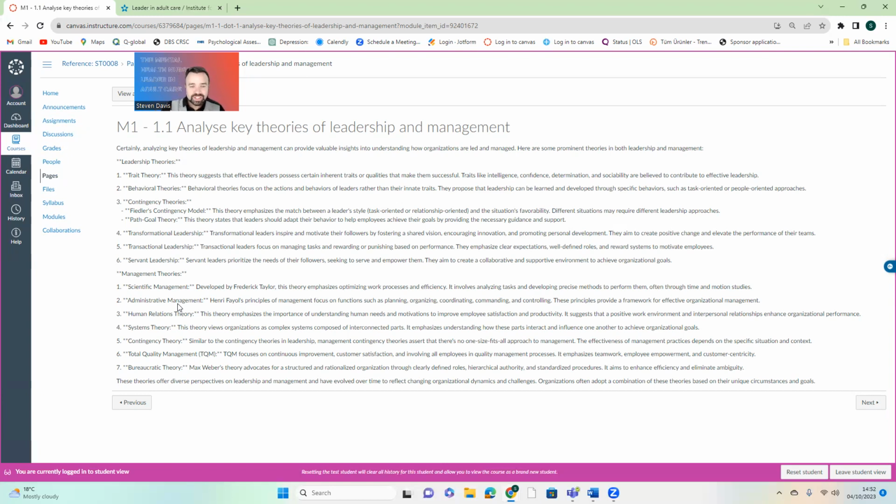Just looking at transformational leadership, transformational leaders are inspiring. They motivate their followers by fostering shared visions, encouraging innovation and promoting personal development. Now, this week's hot topic, I looked at 20 ways of inspiring your workforce, so this culture of learning. And this week, funny enough, in another standard that I'm teaching, the level 7 senior leader, we covered mission, shared values, culture and visions.